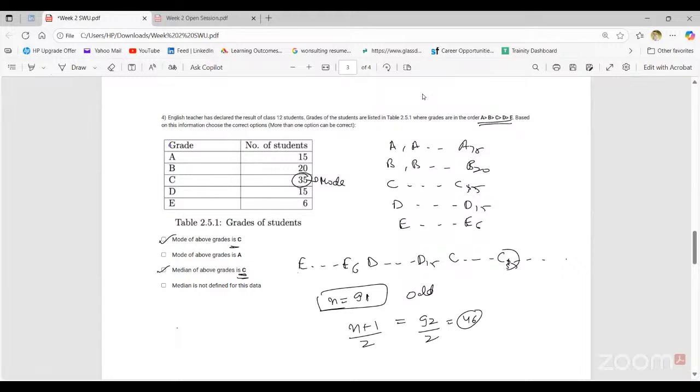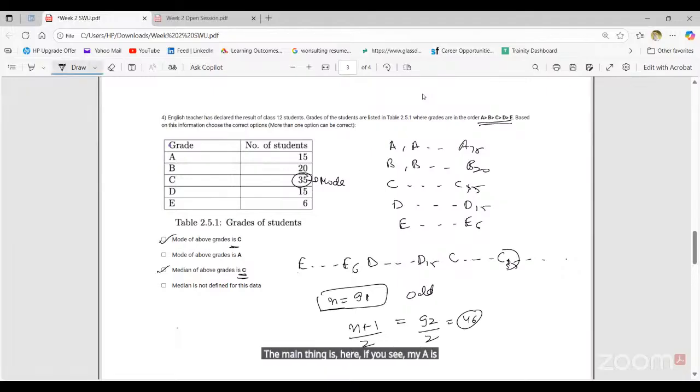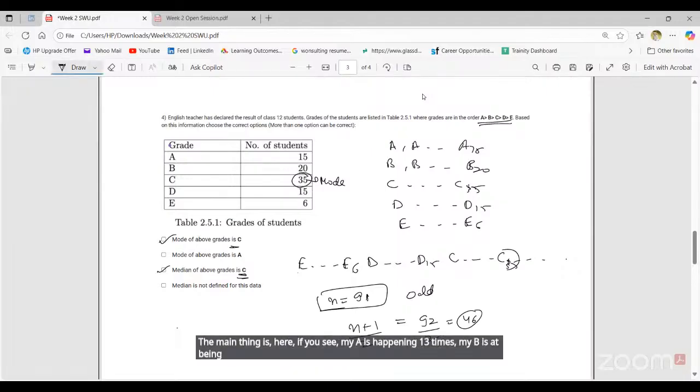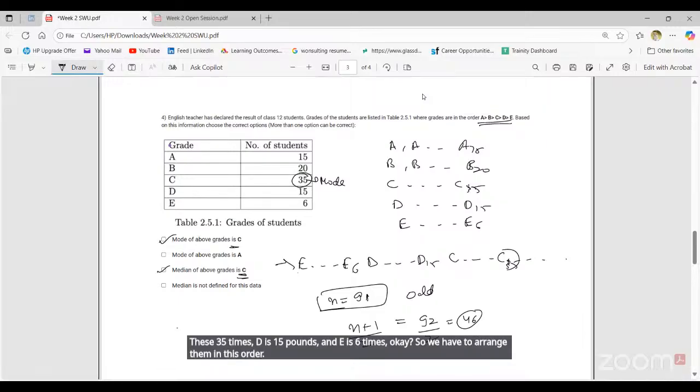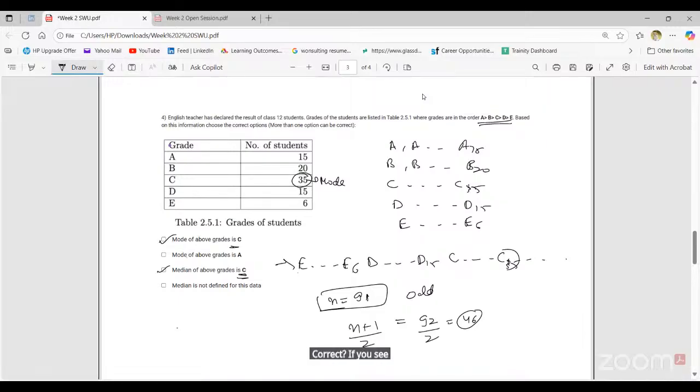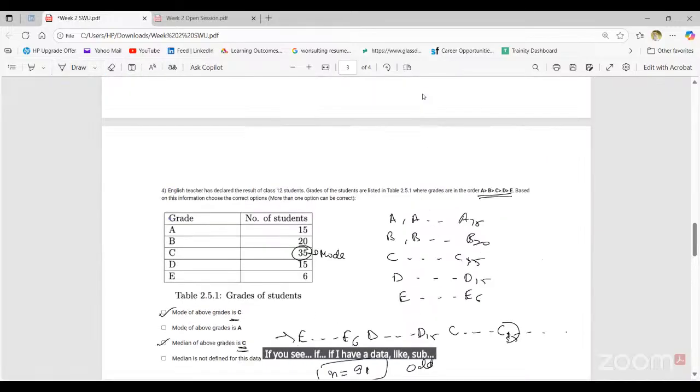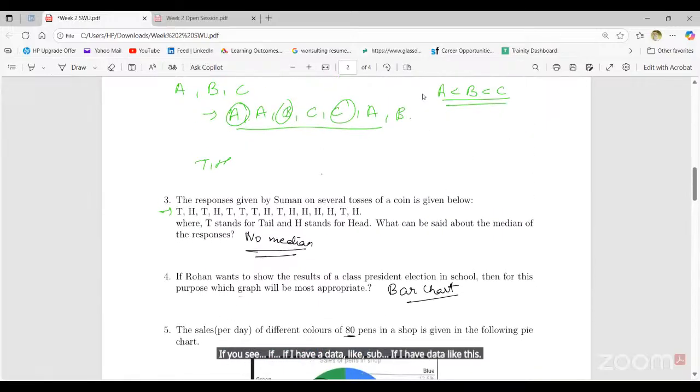See, the main thing is, here my A is appearing 15 times, B is appearing 20 times, C is 35 times, D is 15 times, and E is 6 times. So we have to arrange them in this order. If I have data like this, A is appearing 3 times, B is appearing 2 times and C is appearing 2 times, right?